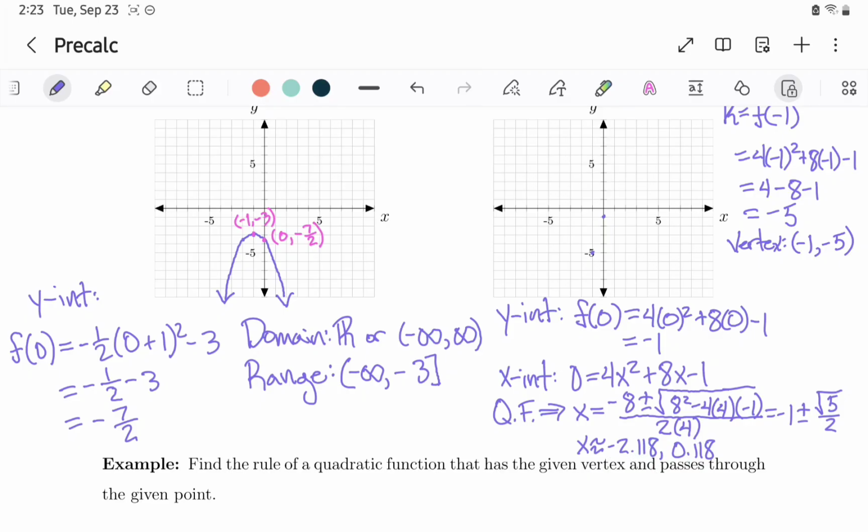And these are the approximate values. So approximately, we will have like an x-intercept right here, very close to the origin, and then we will have our other x-intercept over here. So this is negative 1, negative 2, so just to the left of negative 2.